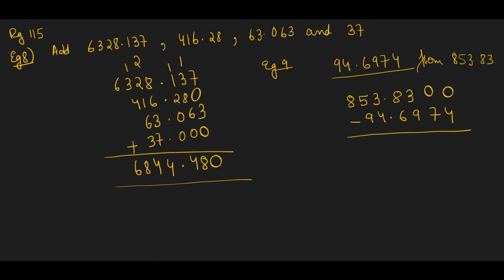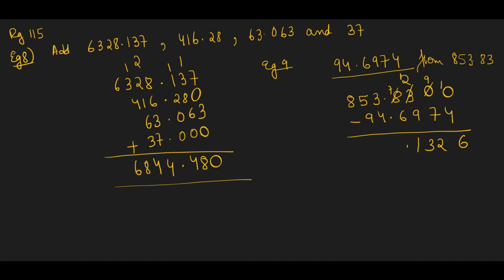Now children, in subtraction you need to make sure you put the zeros here, because this will become 10, and this 1 will be carried. So 10 minus 4 will be 6, simple subtraction. 9 minus 7 is 2. Now here this 2 is small, so this will become 12.